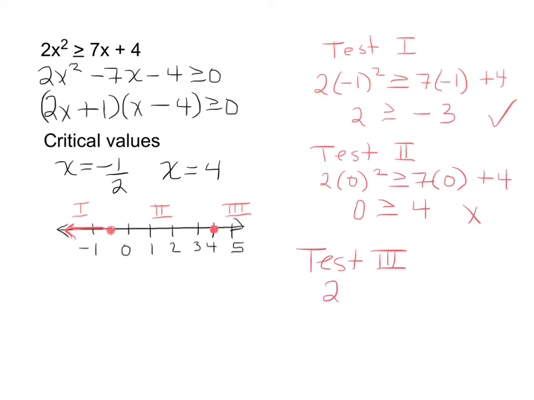We'll use 5. 50 is greater than or equal to 39. True. 2 times 25 is 50. True or false? True. So there's the other region.